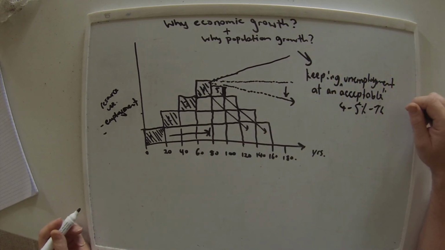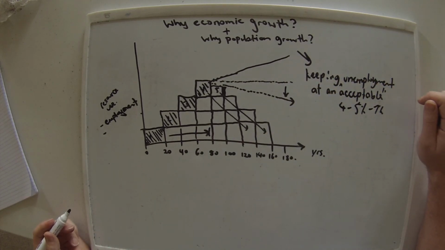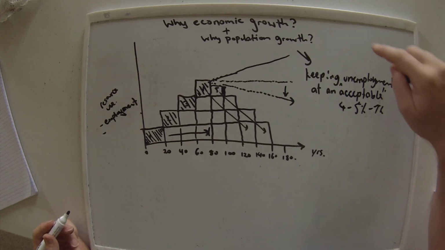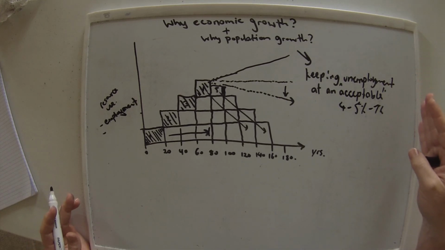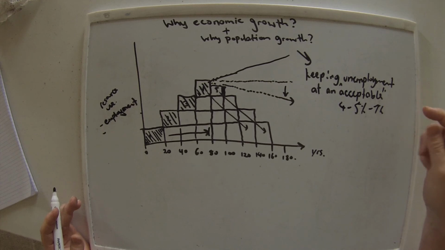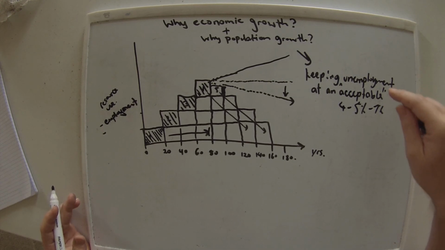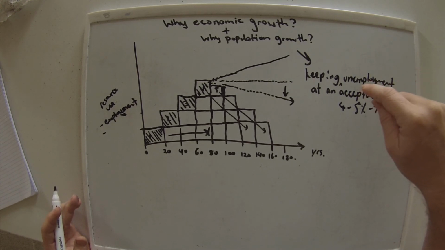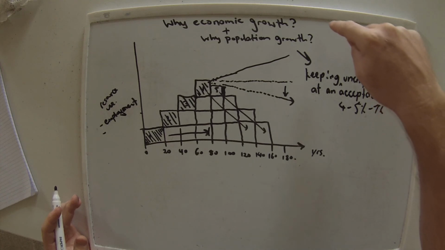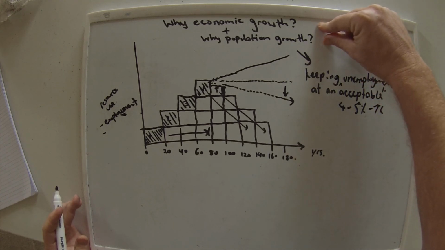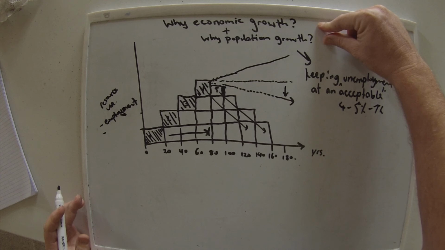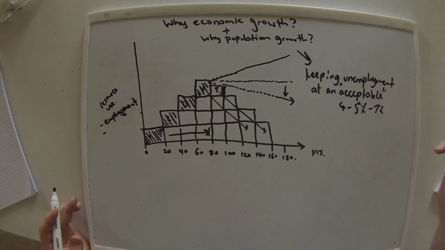It's not totally unacceptable to me, but with the current economic setup that we have, with a private sector dominated economy and free floating wages, if you don't have economic and population growth, then your unemployment rate will simply start ramping up and up and up, to 10, 15, 20%.